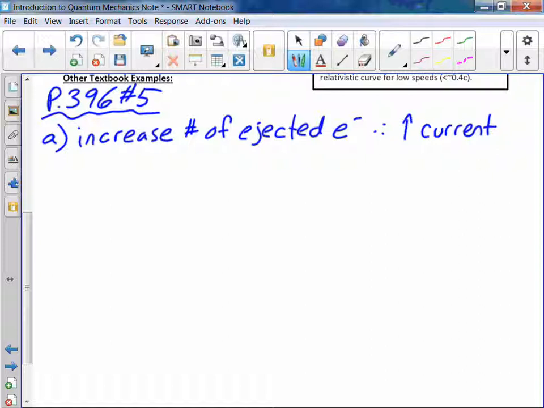But there's a caveat to that. Josh, what do you think the caveat to that is? Turning up the intensity of the light will only increase the number of ejected electrons if, wait, caveat, please. C-A-V-E-A-T. Caveat.